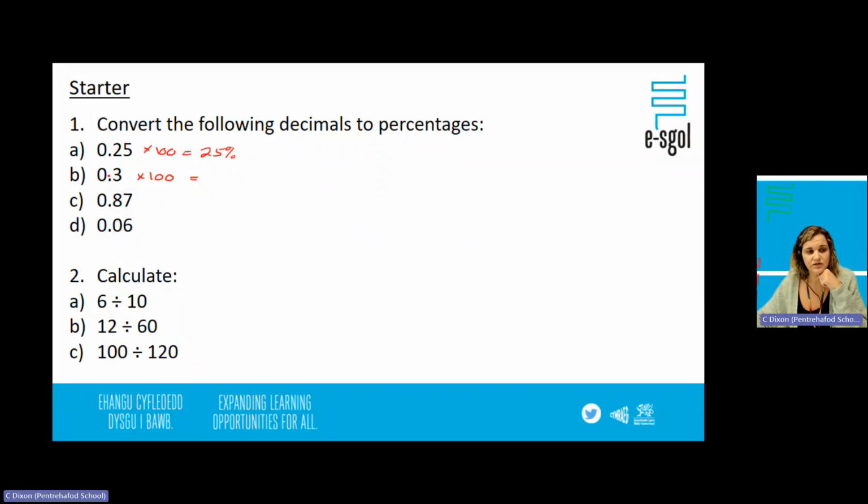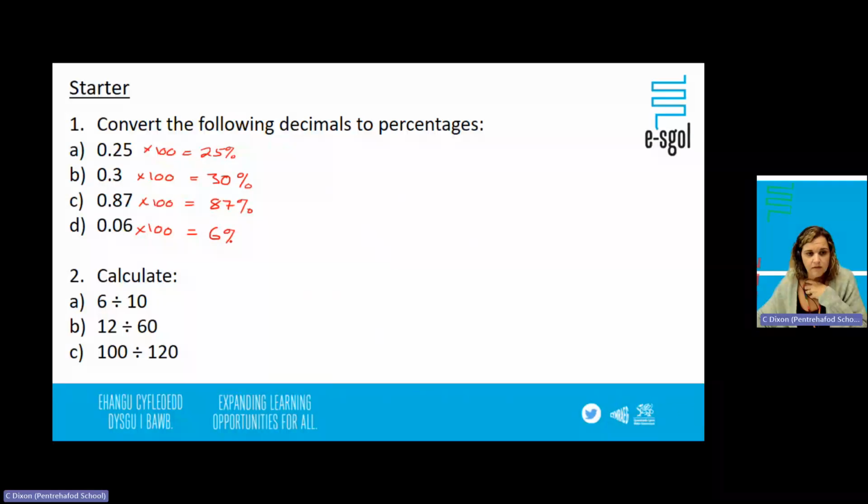So the 3 is going to jump from the tenths column into the units and then again into the tens. So even though it looks like there's only one digit here, because that 3 is going into the tens column, we have to fill that gap with a 0. So it becomes 30%. Multiplying the next one by 100 will be 87%. And again, the last one by 100 will be 6% there.